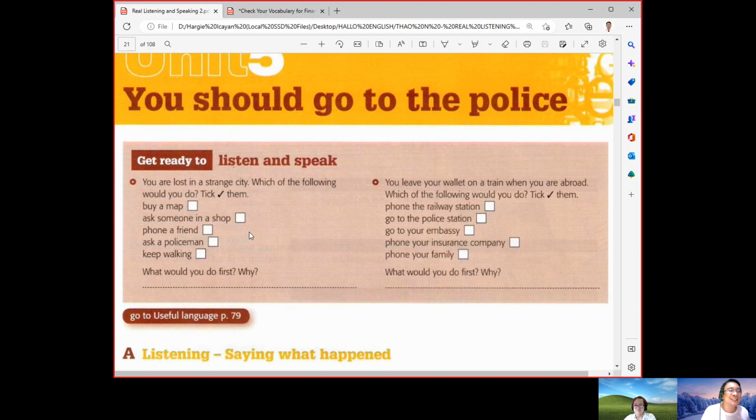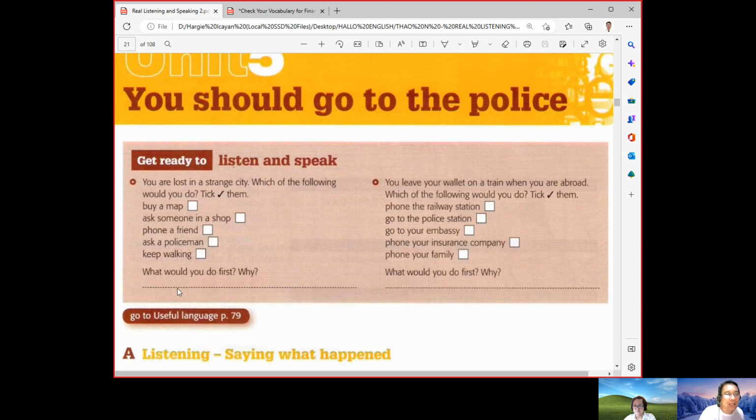But anyway, let's go back to our lesson. Supposing you are lost in a strange city wherein you don't know that particular city, and then you were lost in there. Which of the following would you do? Let's try to check them.